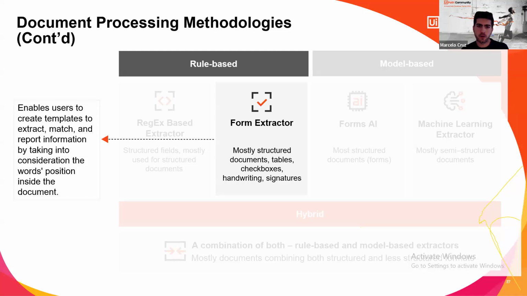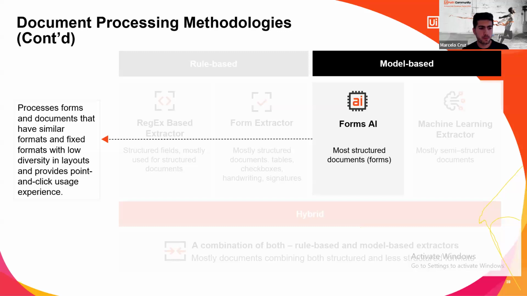By recording the position, it will be able to extract the data from these documents. Also important to highlight, it is able to extract tables, so tabular data, and checkboxes, so it understands when a checkbox is marked or not. It is also able to extract handwritten data, and identify if, for example, a document is signed or not.